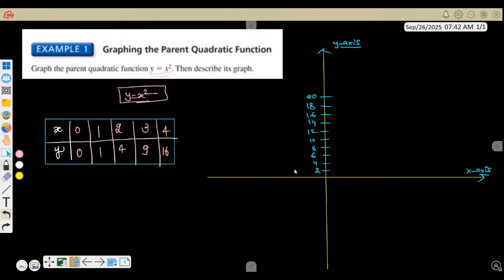And on the x-axis you can take the gap of 2 again, but 2 is very small. So I think we have to take one gap, 1, 2, 3, 4, 5. But make sure this length is always equal between every unit. Okay.